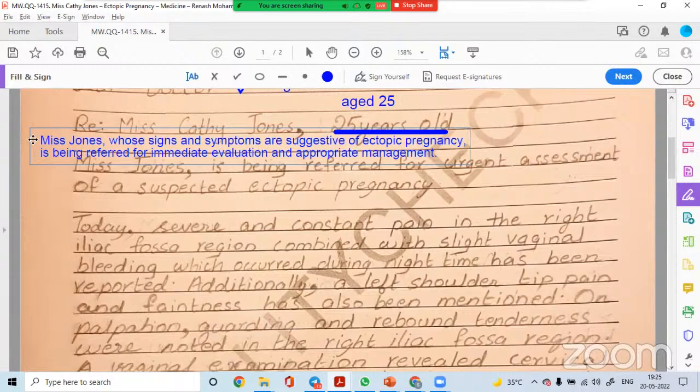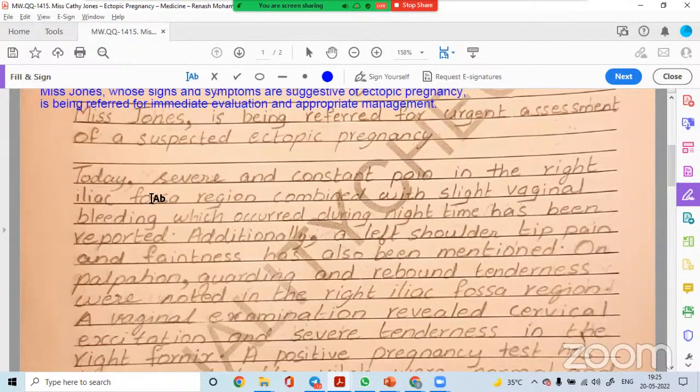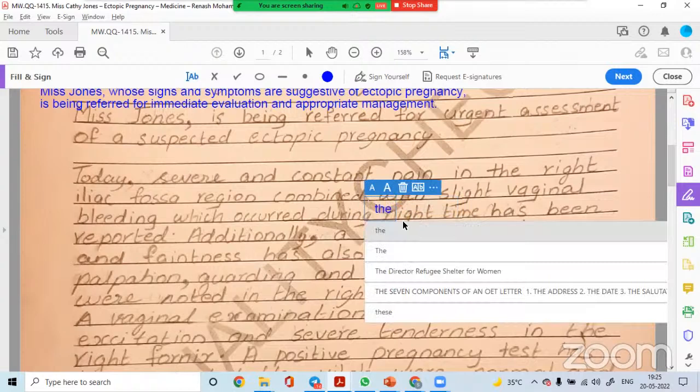Okay. Right. Today, severe and constant pain in the right iliac fossa region, combined with slight vaginal bleeding, which occurred during night time. During the night is enough. Night time is not necessary.